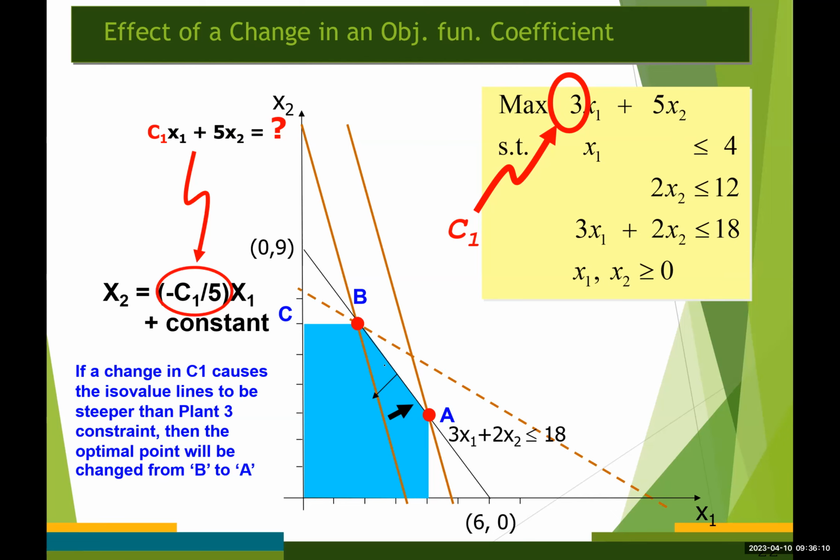So we know that the unit profit for each door is C1. The slope of each isovalue line will be negative C1 over 5. And the slope of the plant number 3 constraint is negative 3/2.